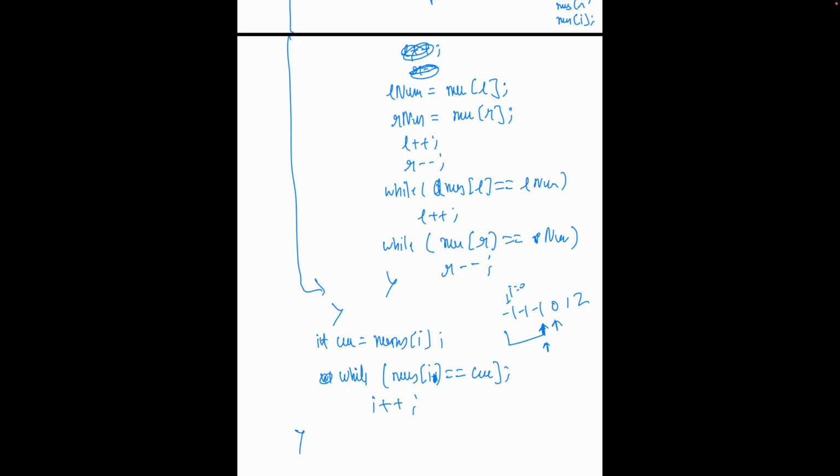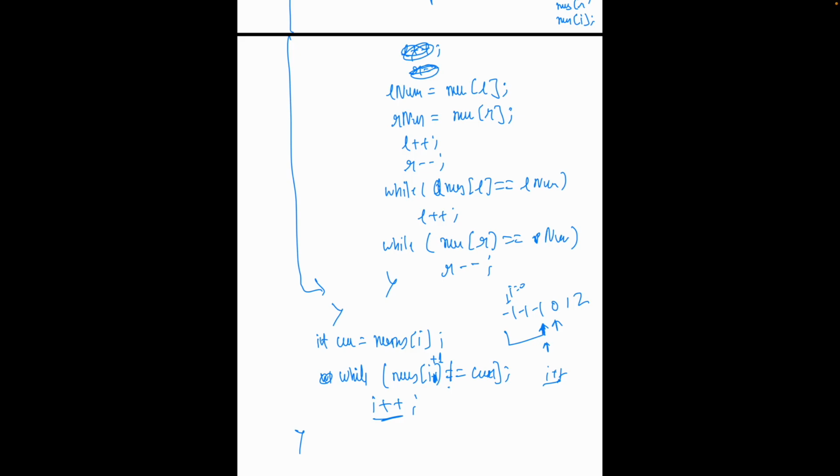So I'll say current is nums[i], while nums[i+1] is equal to current, do this. So we'll keep moving it until the last part, but this might fail at i+1.